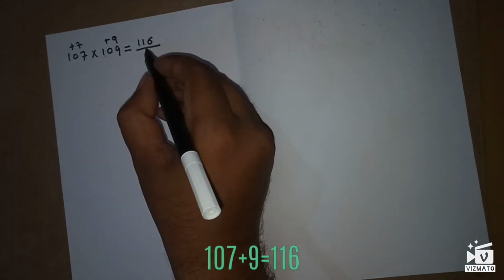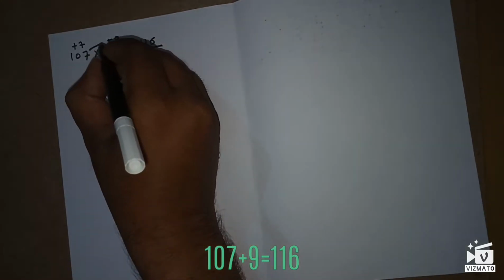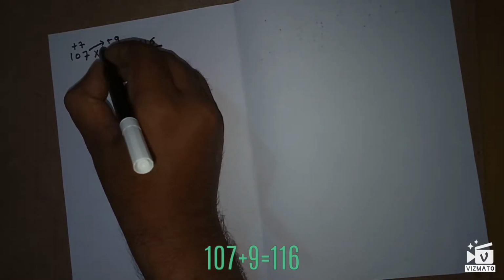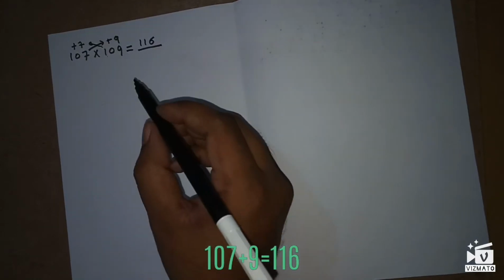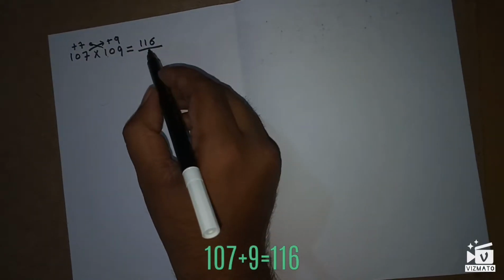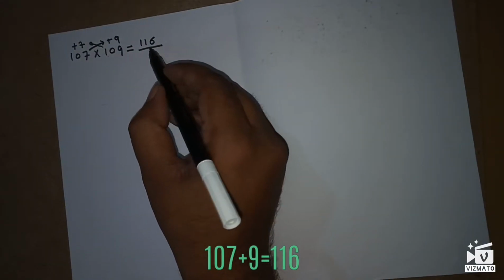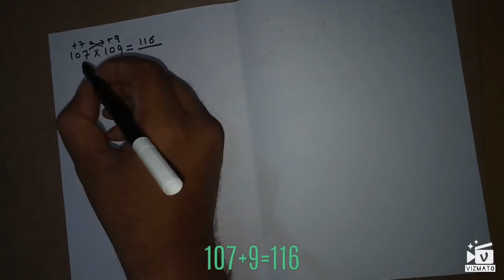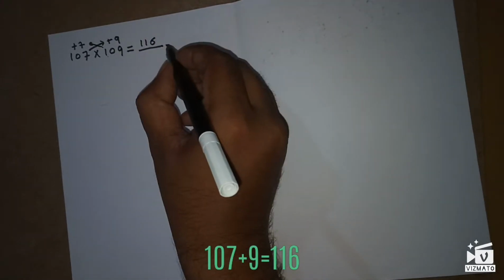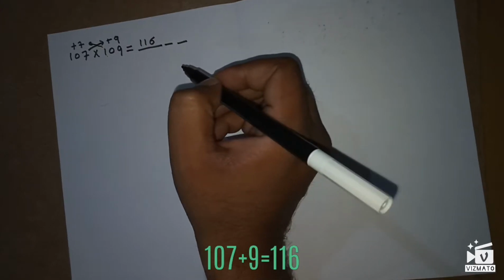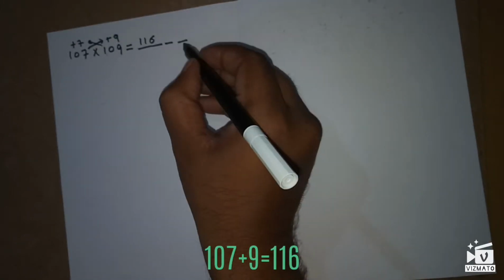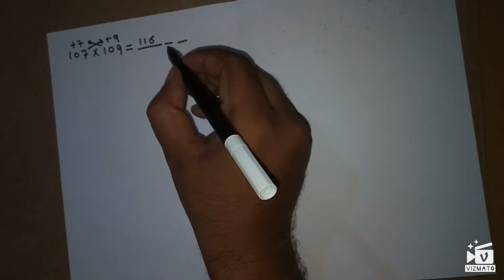Write down 116 at this or either this, the result will be the same. In 100 there are 2 zeros, so we take 2 gap. This is the unit place, this is the tenth place.